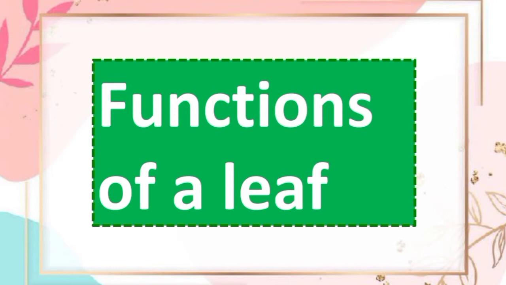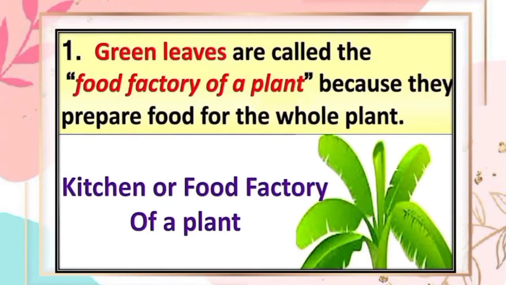Because of this, chlorophyll is very important for the plants and also for animals and human beings, as we are also dependent on plants. So it helps the plant to make its own food, like different vegetables and fruits for us.